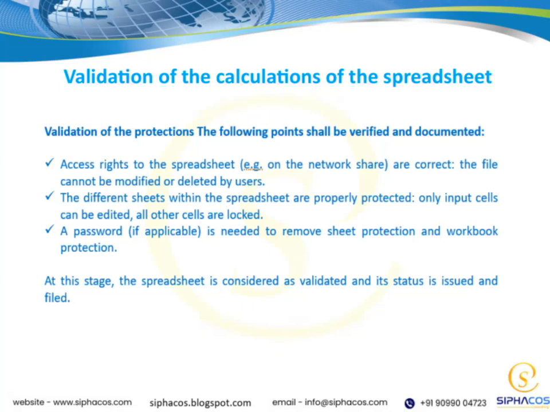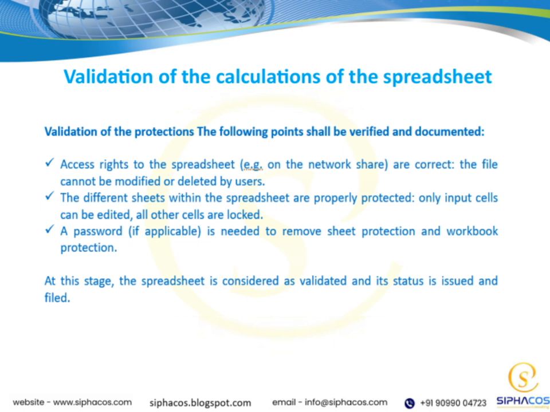Now, let's talk about the validation of the calculations in the spreadsheet. It's a crucial step to ensure that our data and results are accurate and reliable. First, we systematically check the formulas and functions used, making sure they work as intended. We also cross-verify key figures with manual calculations to confirm consistency.